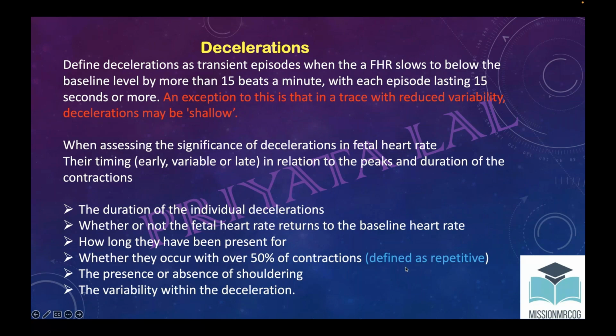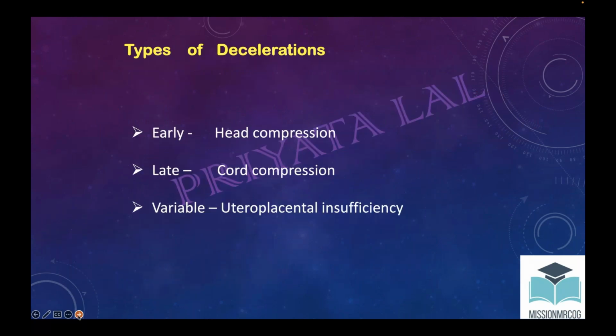For repetitive decelerations, you also have to see the presence or absence of shouldering, and variability inside the deceleration. So when we see deceleration, these are the things we check. We already know that there are three types of deceleration: early, late, and variable.